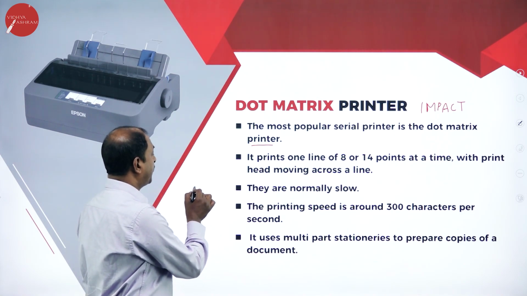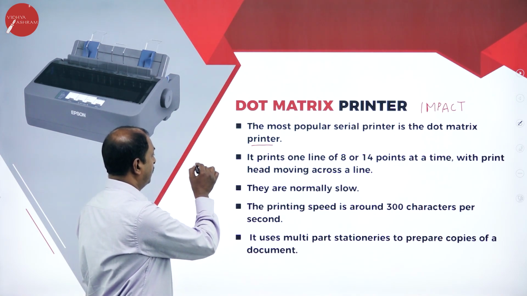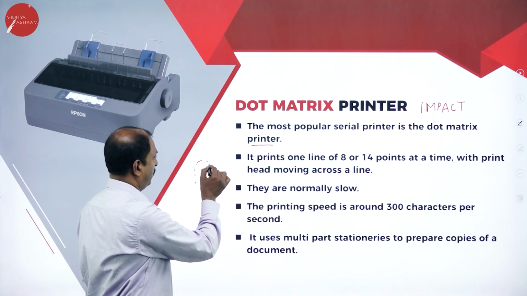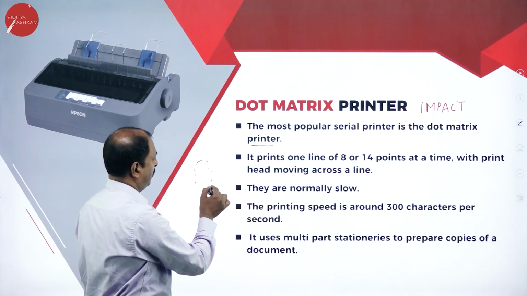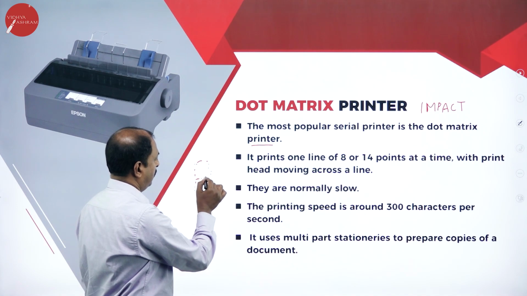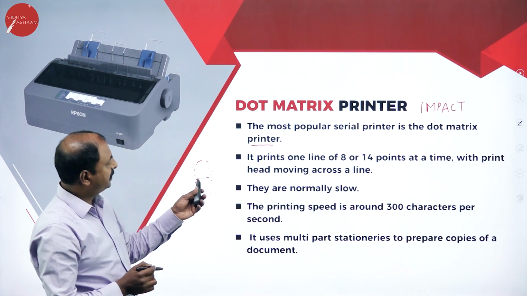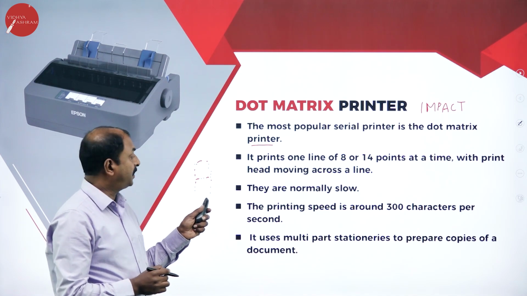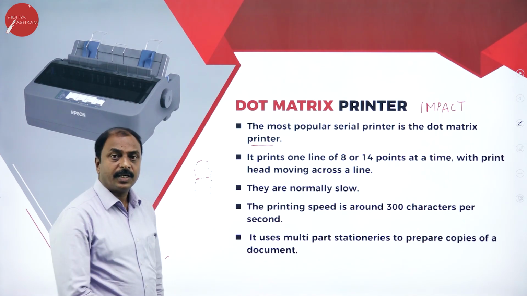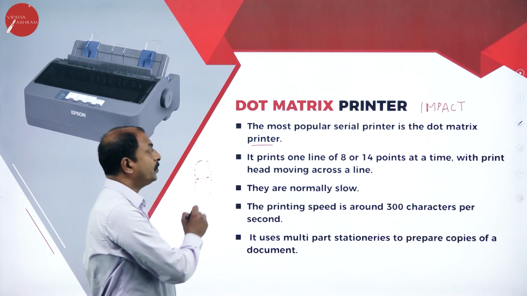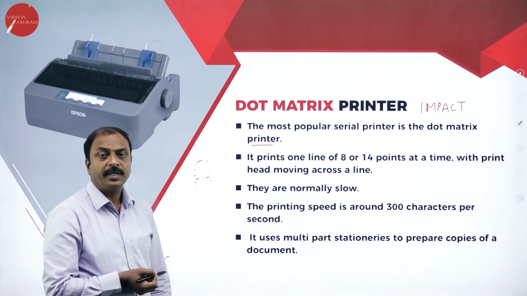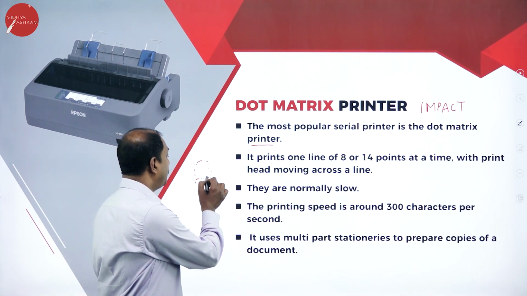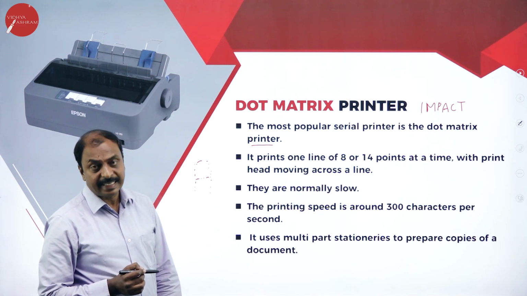So for example, it can be like this. Suppose this is A. This letter A is printed with dots. We get a good quality printout in a dot matrix printer if the distance between two dots is very small.